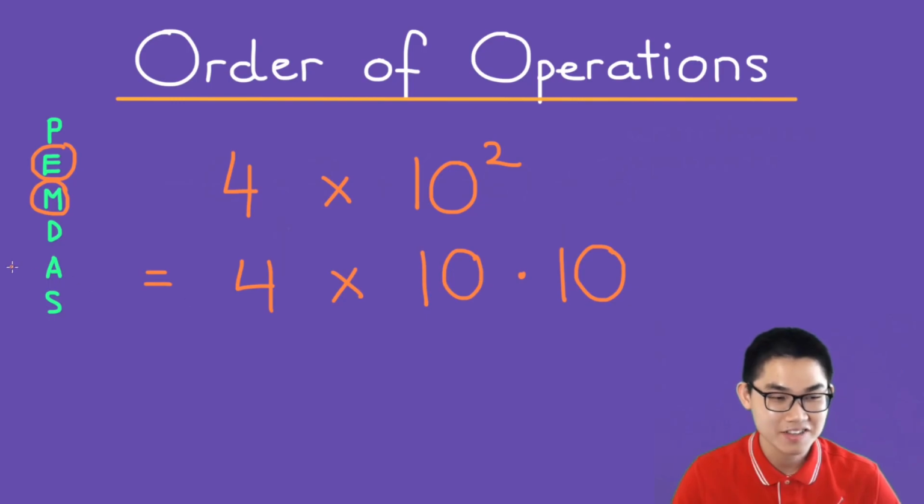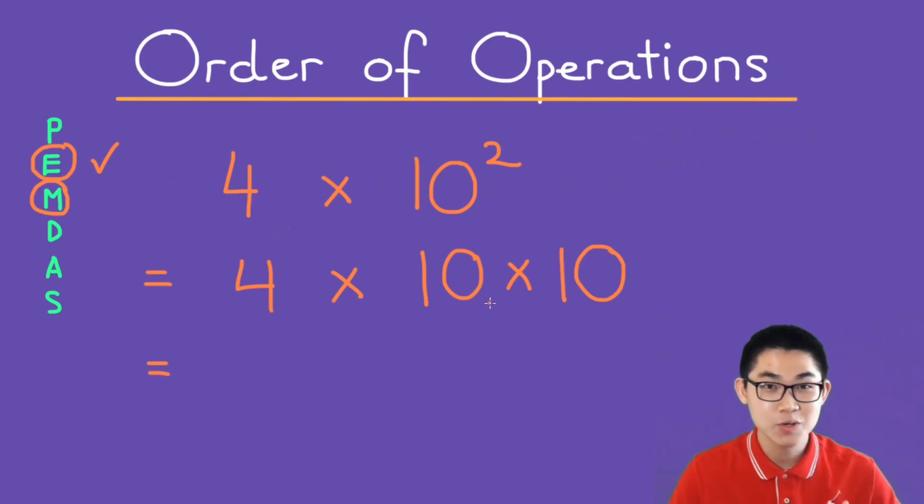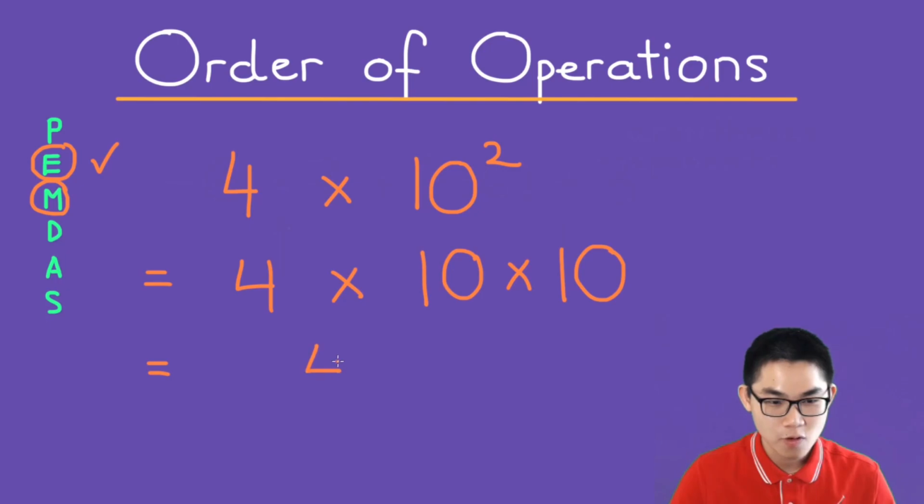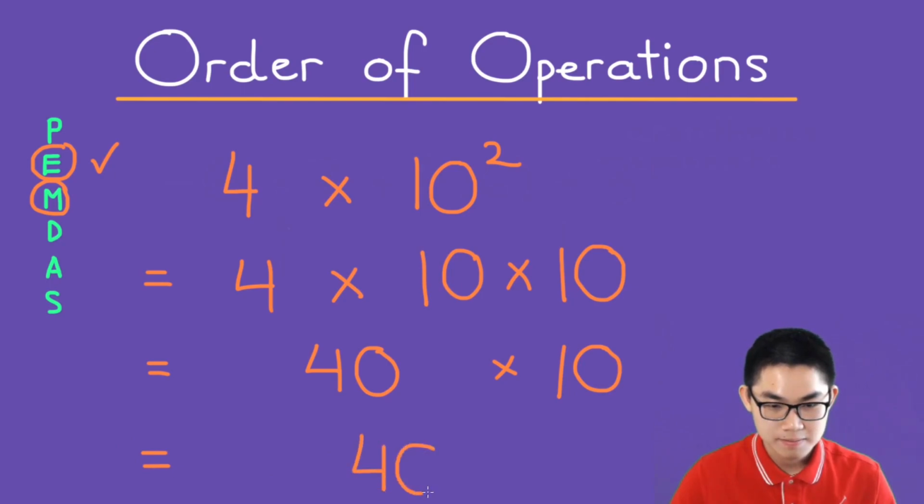So instead of writing the dot, I can also write the multiplication sign. It means the same thing. So exponent is finished. Now, all of these are multiplication signs. So you just do from the left to the right. 4 times 10 gives you 40. And 40 times 10 gives you 400.